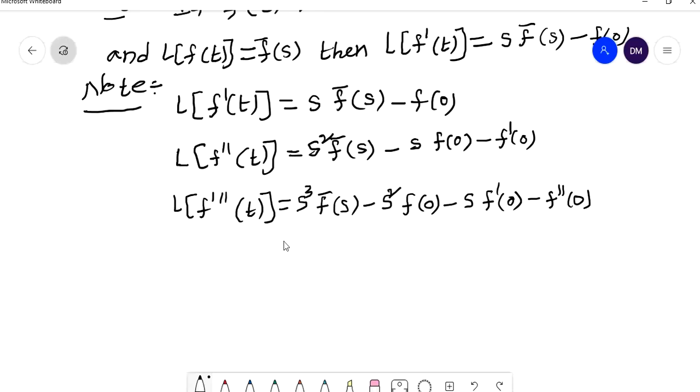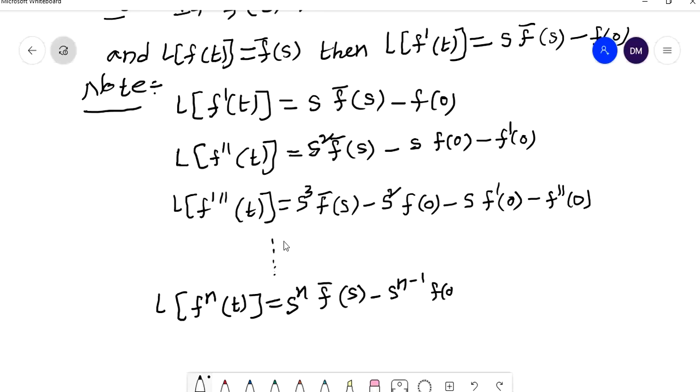Similarly, you can write the Laplace transform of the nth derivative of f of t: s power n into f bar of s minus s power n minus 1 into f of 0 minus s power n minus 2 into f dash of 0 minus, and so on.